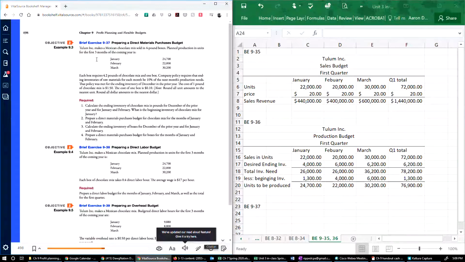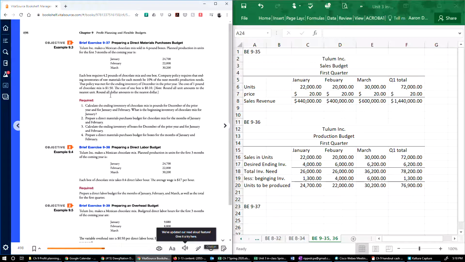You don't want to run out of chocolate mix or boxes to put the mix in. So that 10% policy is for that purpose. The problem continues. That policy was met for ending inventory of December in the prior year. The cost of 1 pound of chocolate mix is $1.50. Cost of 1 box is 10 cents.